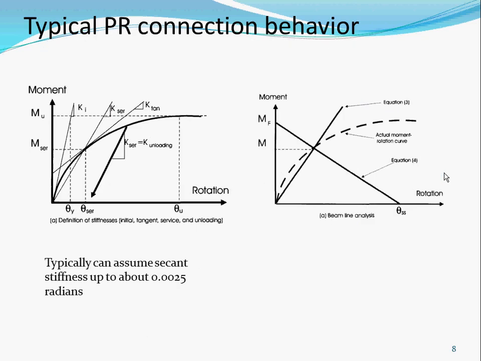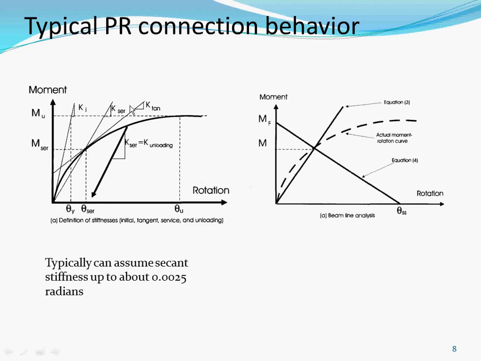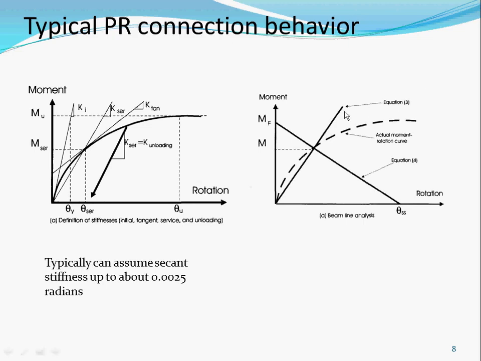Another concern is, if I'm going to be using these PR connections, and since they yield so early on, what stiffness do I use for my drift check? I have to use some kind of equation and get a stiffness to calculate your drift.